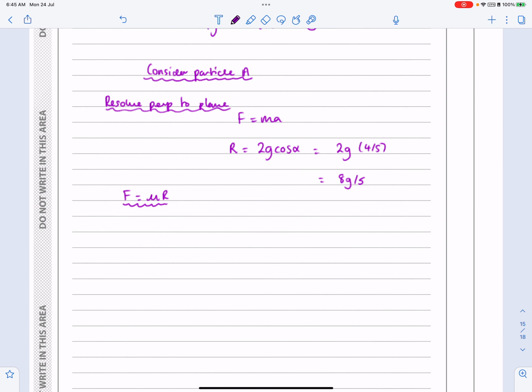So F equals mu R, F is going to be mu lots of what we just found, 8g over 5. So F is going to be 2g over 5. Right, brilliant. Well, the whole point about doing that was so that I can do this last stage. Resolve parallel to the plane.